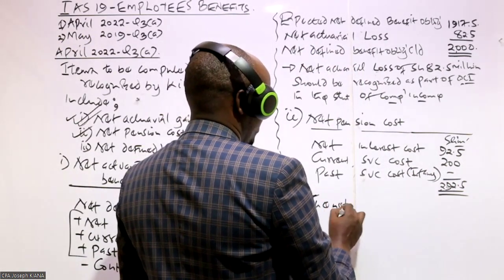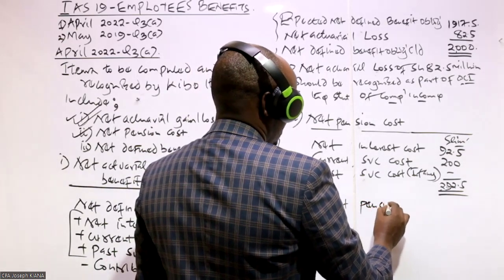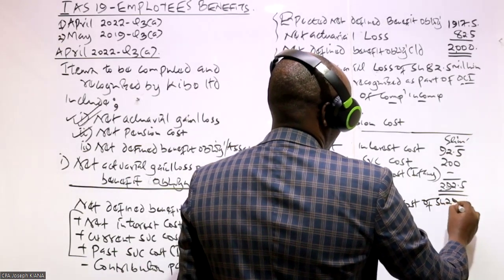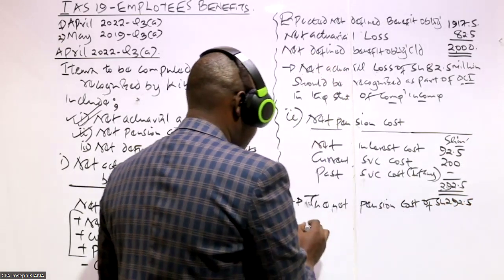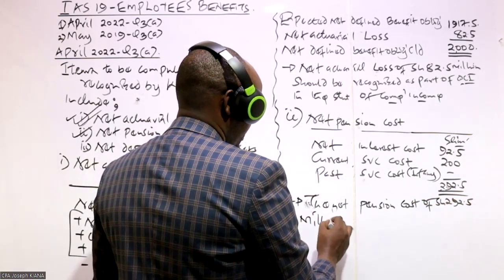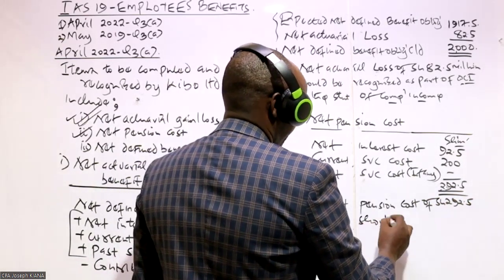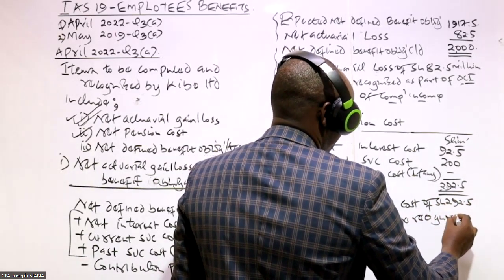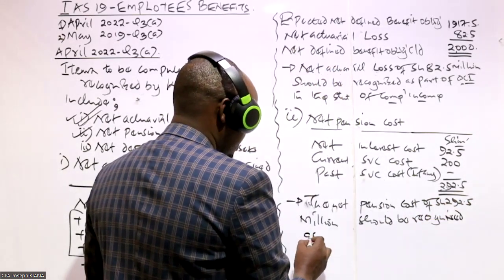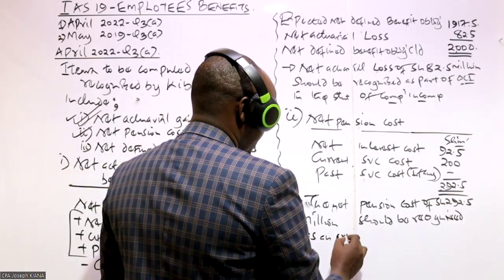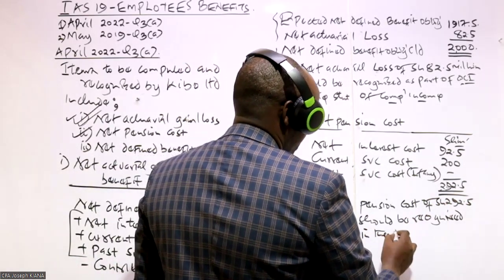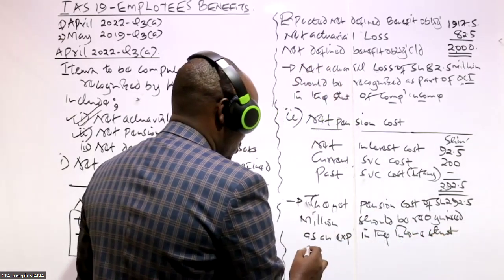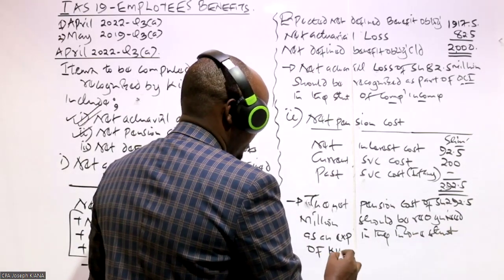So you can say the net pension cost of shillings 292.5 million should be recognized as an expense in the income statement of KIBO Limited.